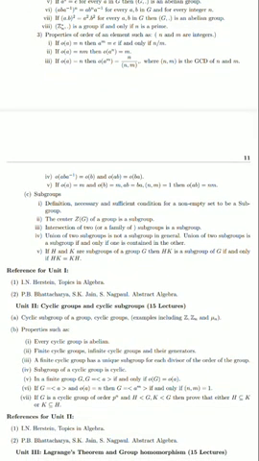Order of a into b inverse a into b into a inverse is equal to order of b, and order of ab is equal to order of ba. If order of a is equal to n and order of b is equal to m, ab is equal to ba, GCD of n, m is 1, then order of ab is nm.